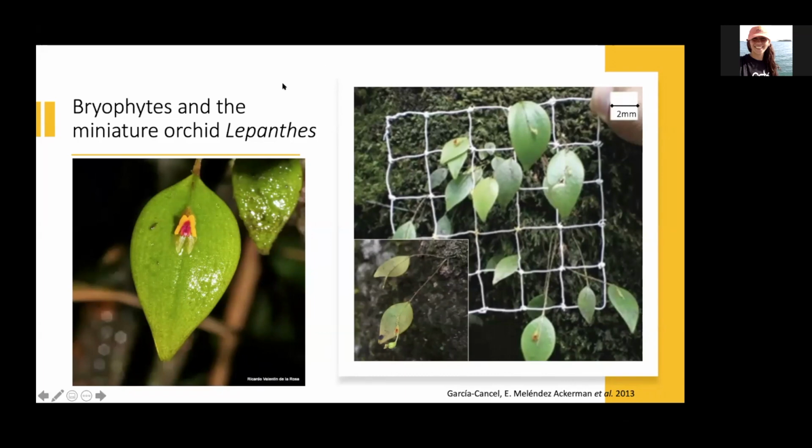In this study, we were looking at what this orchid needs to germinate, grow and survive. And it seems like they need the mat of bryophytes. And again, look at how small that orchid is. If you see in the corner, there's 2 millimeters, that's the size of the grid. So this miniature orchid has a special relationship with the bryophyte, with the moss.